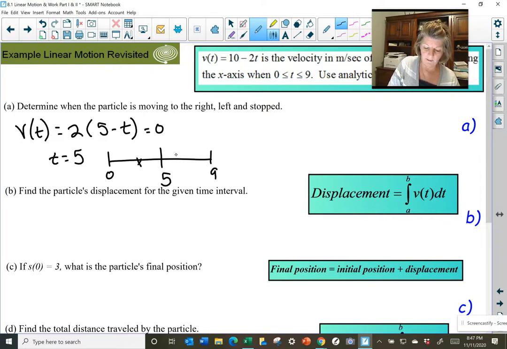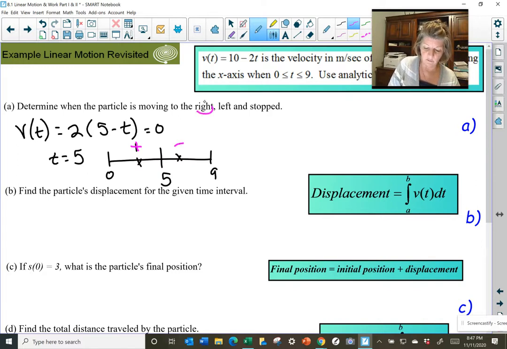I would pick a spot on each side, left and right, of 5, and see what the sign is. If I put in 3, I'm positive here. And if I put in 6, I'm going to be moving negative.